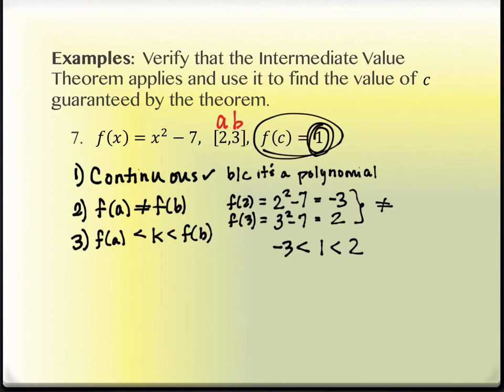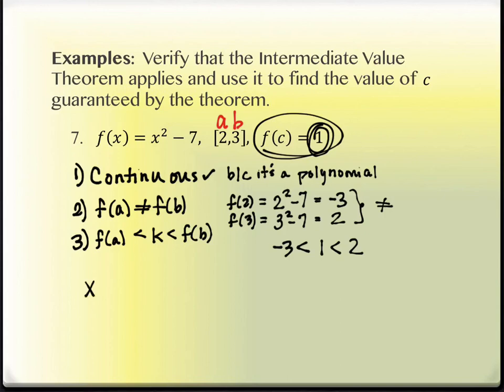So that's the verifying part. And then it says, now that you know that, find it. Because you don't want to go looking for something that doesn't exist. It's often frustrating when you're looking for things that don't exist. You know this is going to exist. It is going to work. So you're going to be able to do the problem.